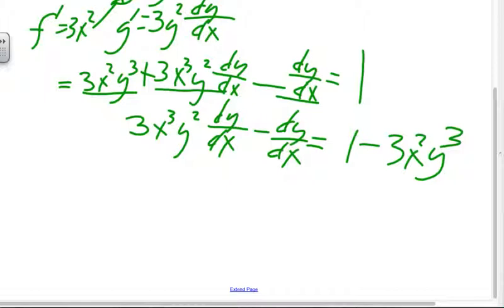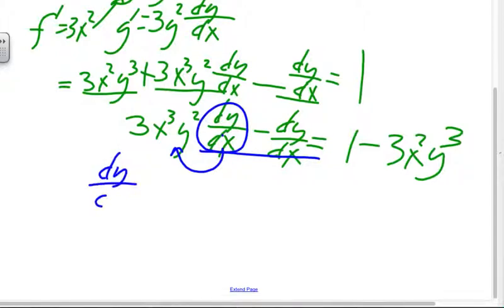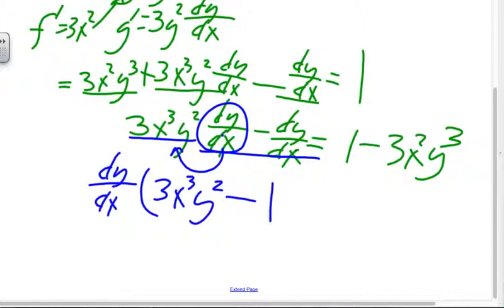Okay. So initial thinking is, ooh, those cancel out. No, because this guy is multiplied by here. So what you want to do is factor out your dy dx. I factored out, I'm left with this over here, 3x cubed y squared minus 1 equals 1 minus 3x squared y cubed.